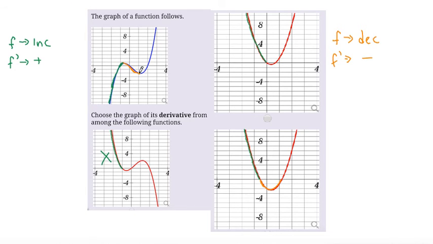So let's trace that. It increases from just a little bit bigger than 1 all the way basically for the rest of the function. And then this function turns back positive, and it continues being positive for the rest of the derivative. So this tells me that this third option is the correct answer.